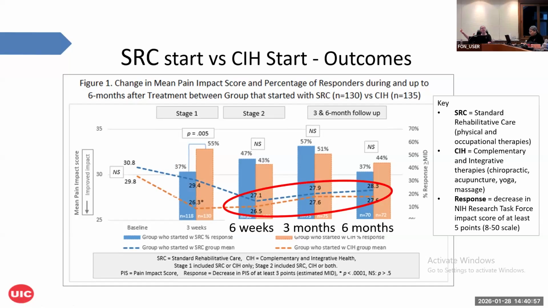Then when you look further out, what you can see is after that first time point, they really are about the same. There's really no significant difference between the groups anymore when you get to 6 weeks, 3 months, and 6 months.